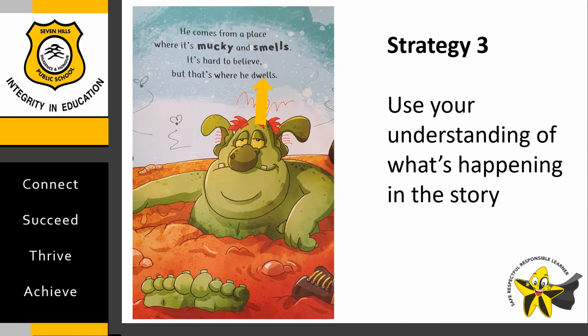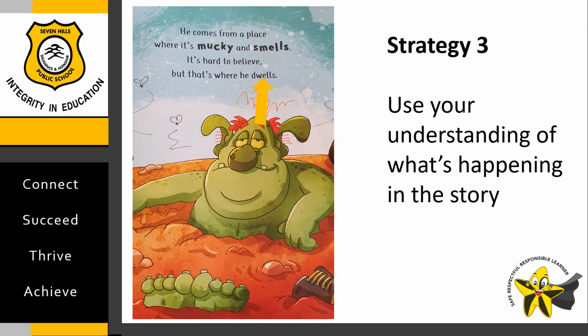Okay, in continuing using my understanding of what's happening in the story, we're going to look at the word dwells here. It says, he comes from a place where it's mucky and smells. It's hard to believe, but that's where he dwells. Now, some of you may not have heard the word dwells before. And again, this is why I love looking at picture books frequently with you guys, because it means we can build our own really clever language to use in our own writing.